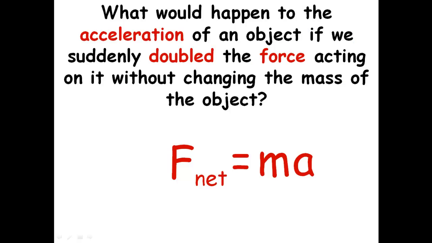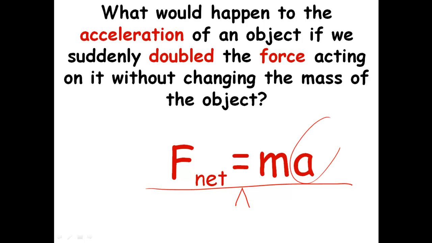So, what would happen to the acceleration of an object if we suddenly double the force on it without changing the mass? So we just want to see how one thing relates to the other. Well, you can think of an easy way to do this. Think of this as a teeter-totter. Right now it's balanced. If we add something to one side, we either need to take away something from that same side or add the same amount to the other. So in this particular question, we say, what would happen to the acceleration?